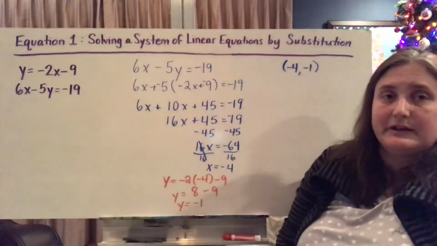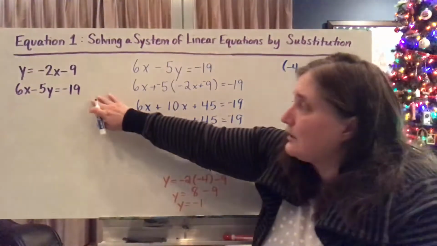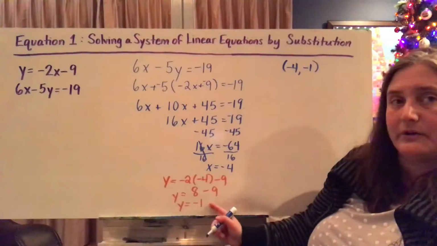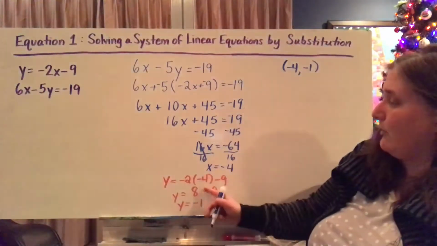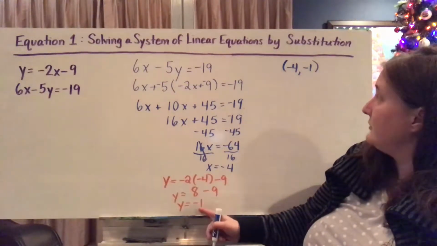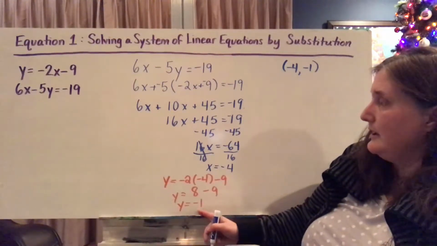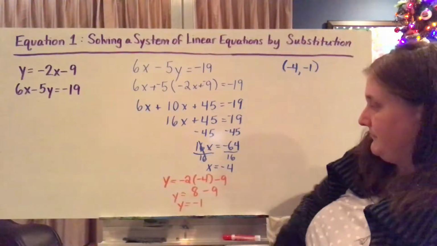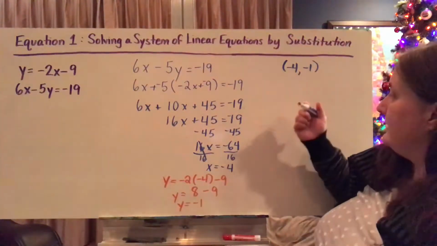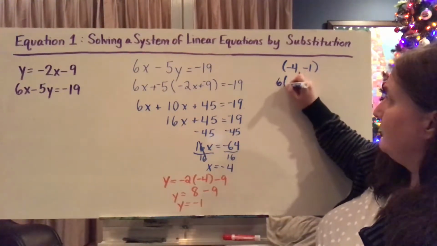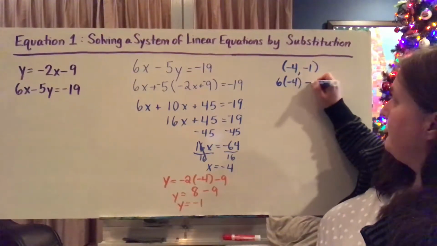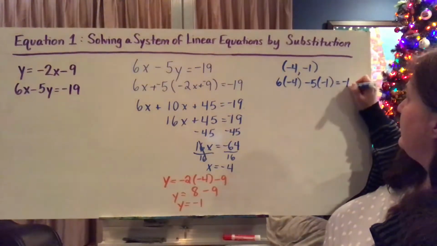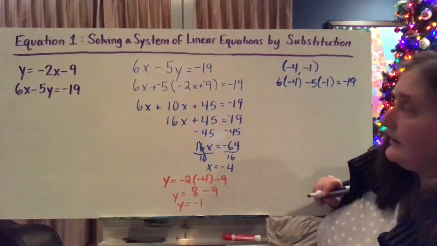But I always want to take that solution and test it out in my equations and make sure it actually works. I've already tested it out here because I plugged in negative 4 for x and I got a value of negative 1 for y, but I want to definitely test this point out with this equation right here. So let's do that. So 6 times x, we'll put in negative 4 for x, minus 5 times y, we're putting in negative 1 for y, and we want an answer of negative 19.